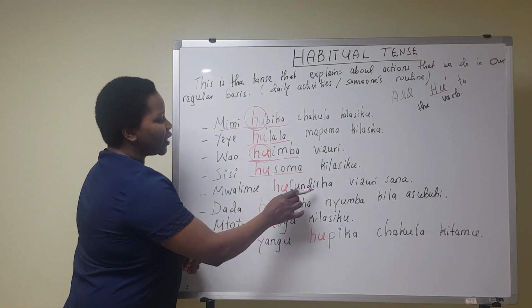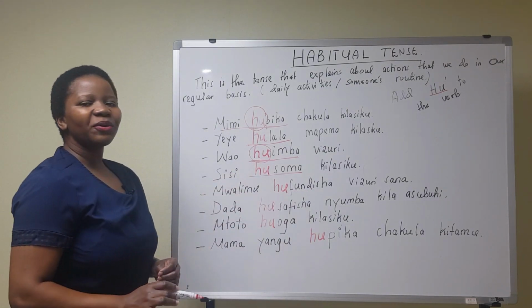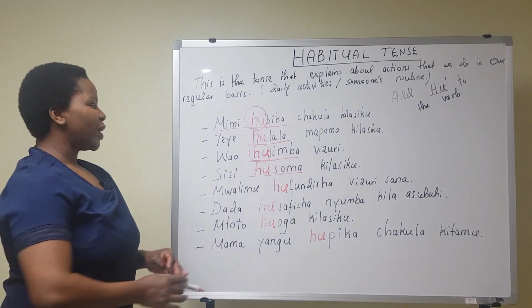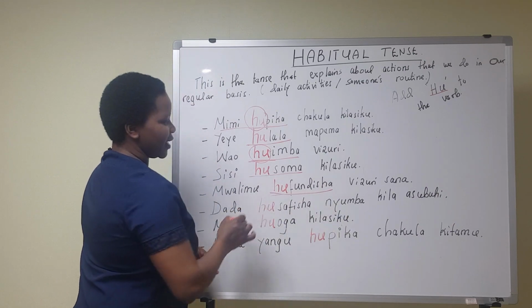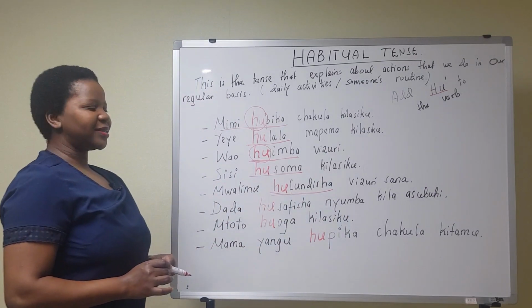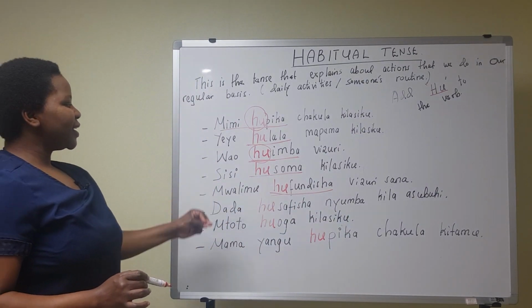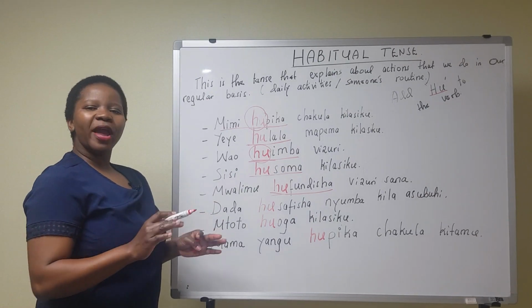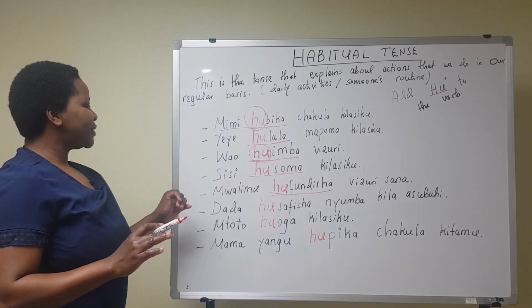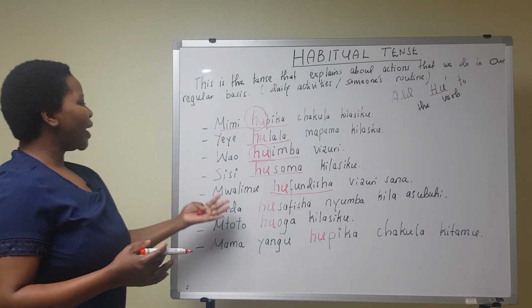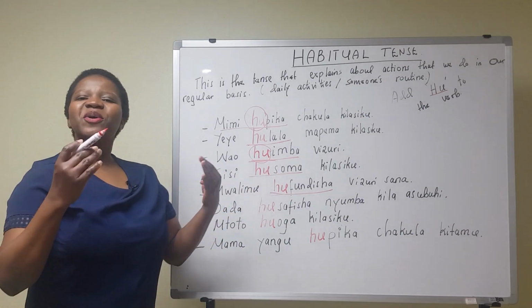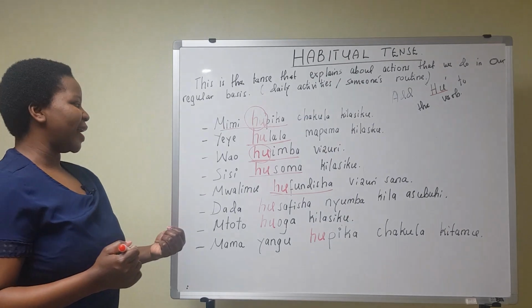Another example says, mwalimu hufundisha vizuri sana. A teacher teaches very well. A teacher usually teaches very well.